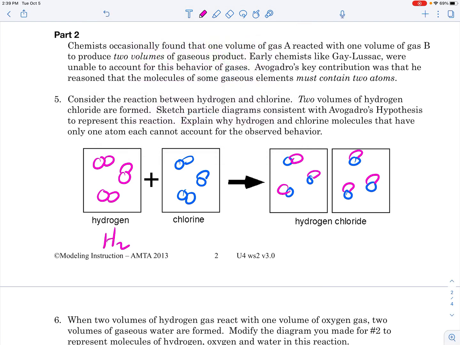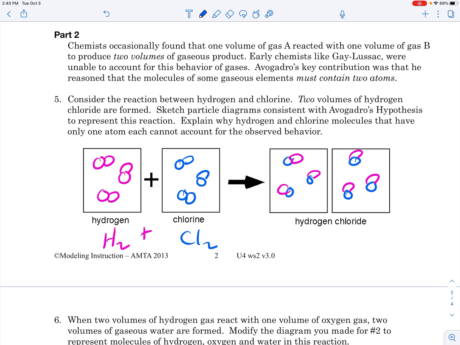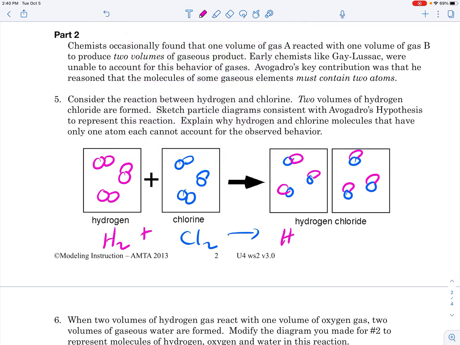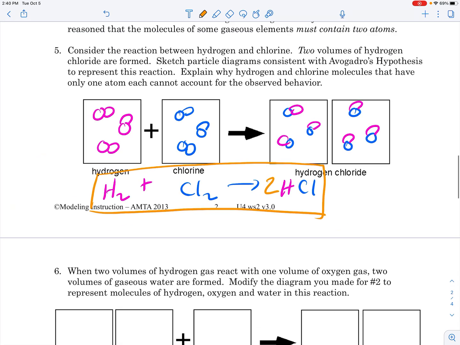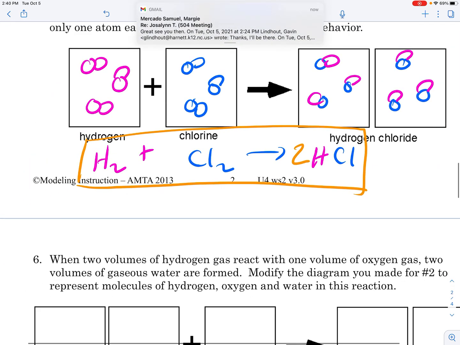We can say H2 plus Cl2 gives us HCl. But we can also write this as a balanced equation and put a 2 in front of HCl, because I'm making 2 volumes of hydrogen chloride. But the key takeaway here is that hydrogen and chlorine are diatomic. Hydrogen we write as H2, and chlorine we write as Cl2.